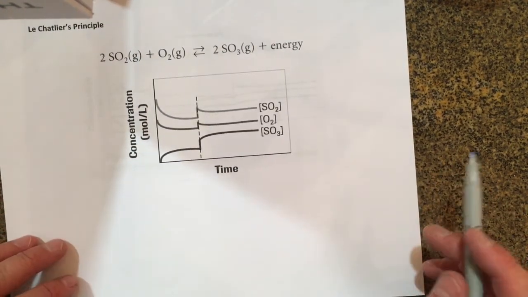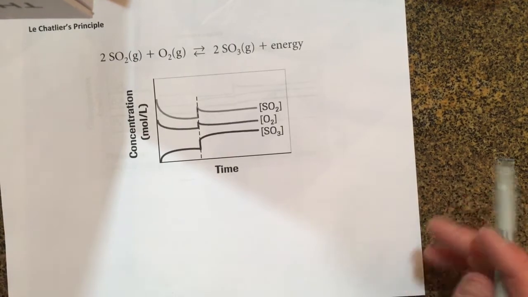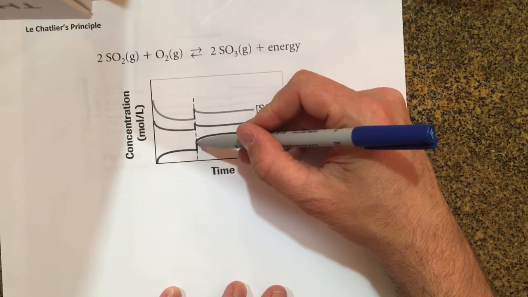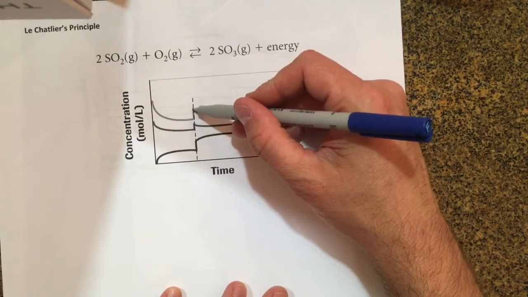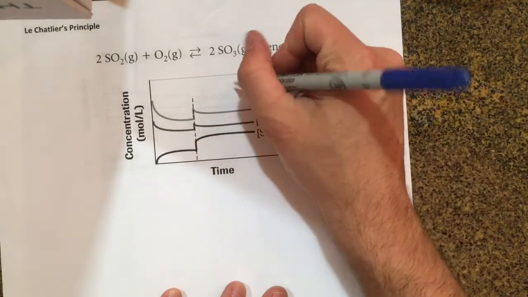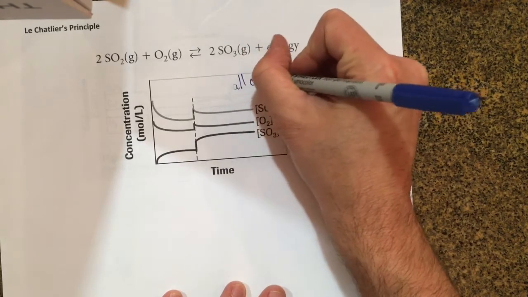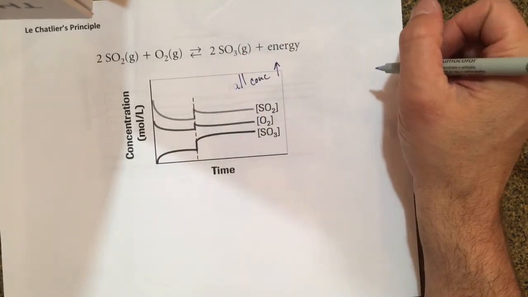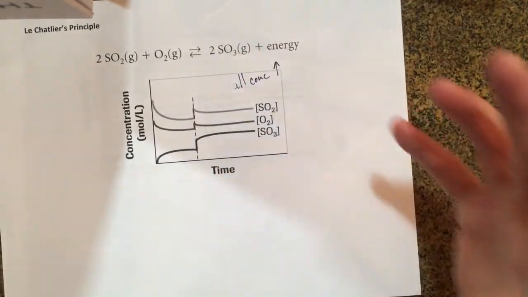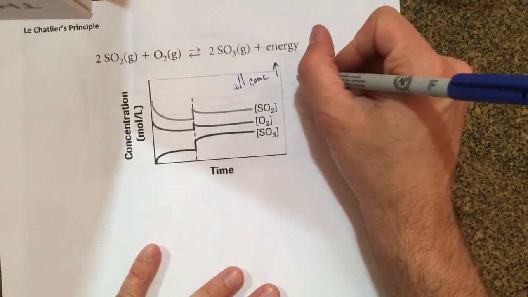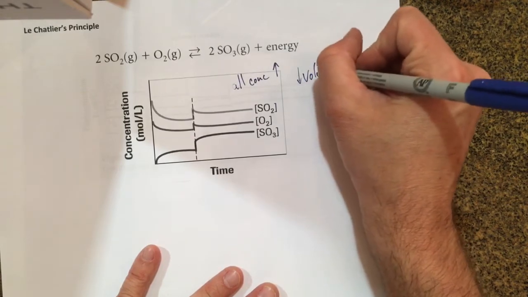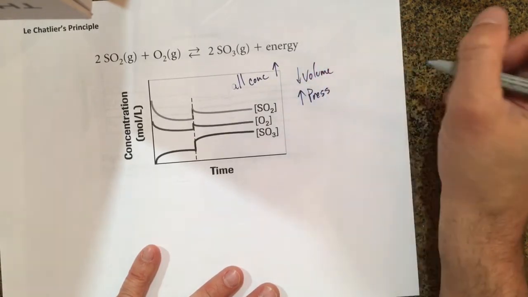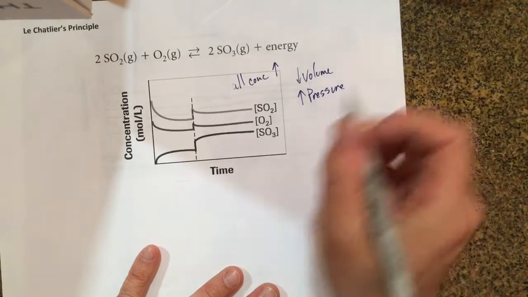So here we've got a different system though. Look, in this case, the concentration of this gas increases, and this gas increases. Since all the concentrations increase, it's telling us that they've compressed this. So a decrease in volume or an increase in pressure will cause this increase in concentration.